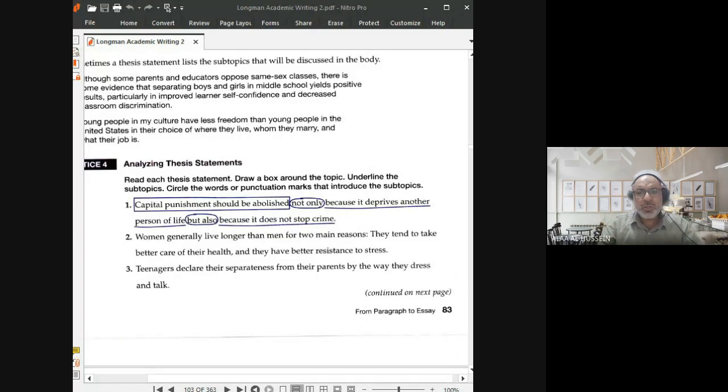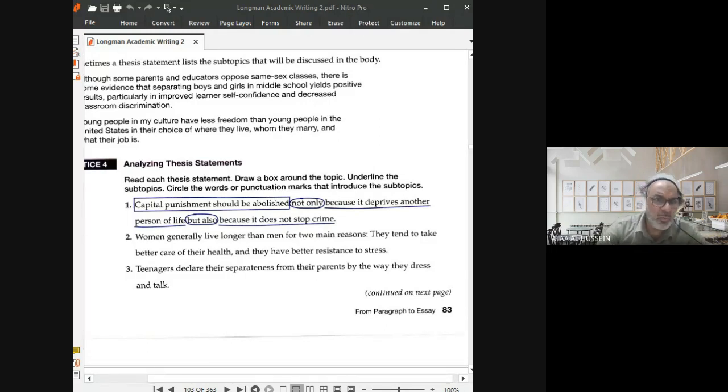Why should it be abolished? Because it deprives another person of life, and also it doesn't stop crime. So these are both two ideas taken from the main idea, not from the topic. That's why I call them sub ideas rather than subtopics.